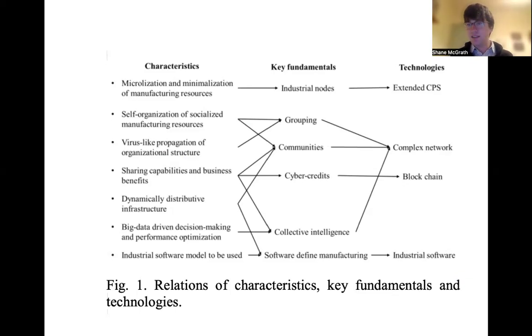However, here they don't mention so much AI. It's more about optimization of this network through social media and algorithms essentially. And then the next is industrial software for the various different nodes. So this is the main characteristics.